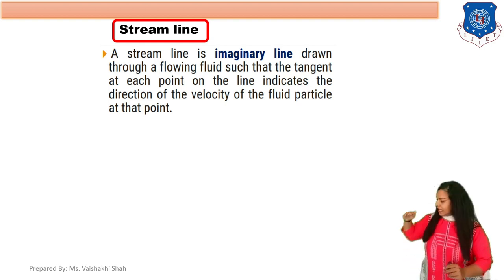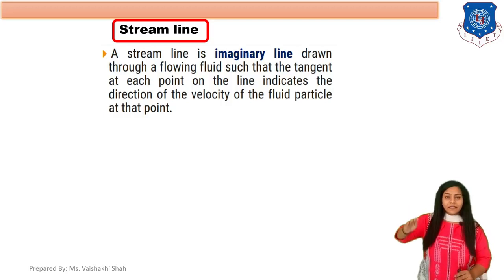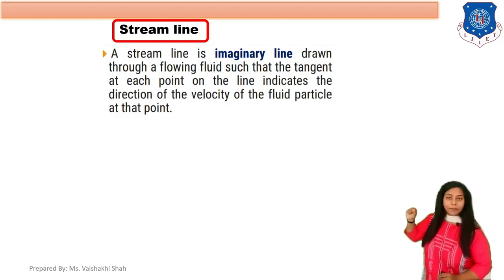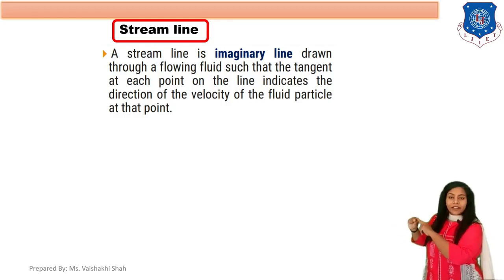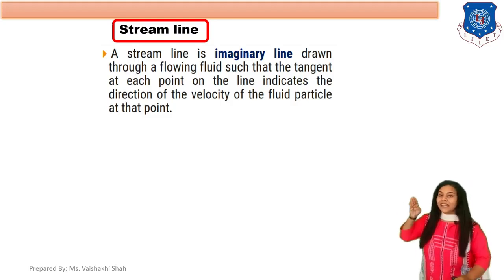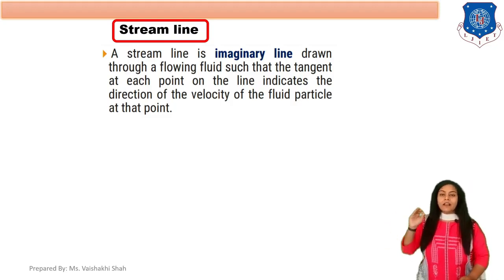Simply, if you select any point on a line and draw the tangent at that point, that tangent indicates the velocity of that flow.